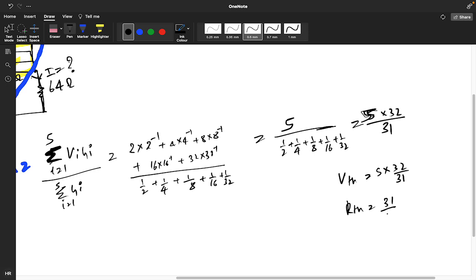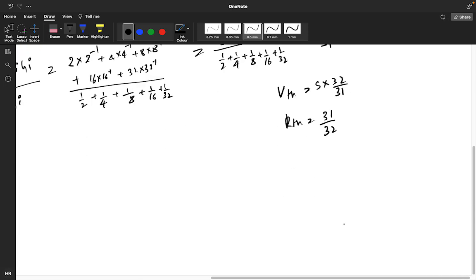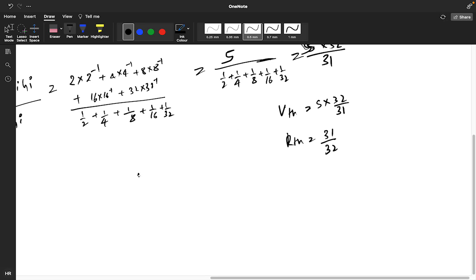So you got the values of VTH and RTH, and you need to find the current across the 64 ohm. Now just do the simple calculation.